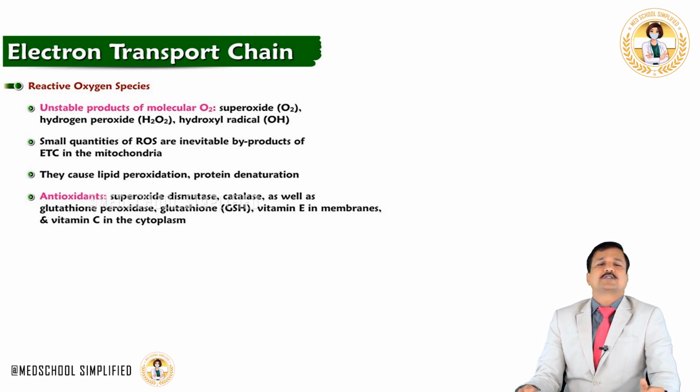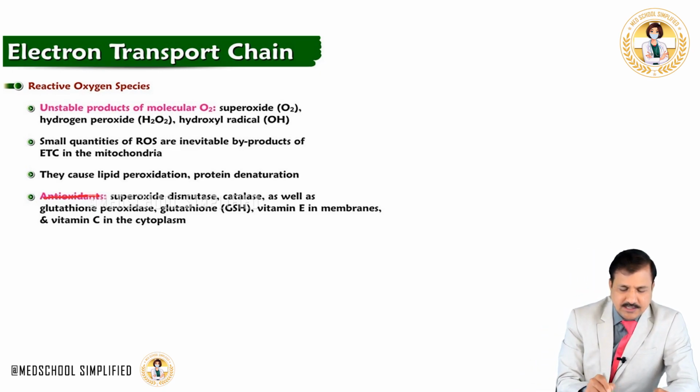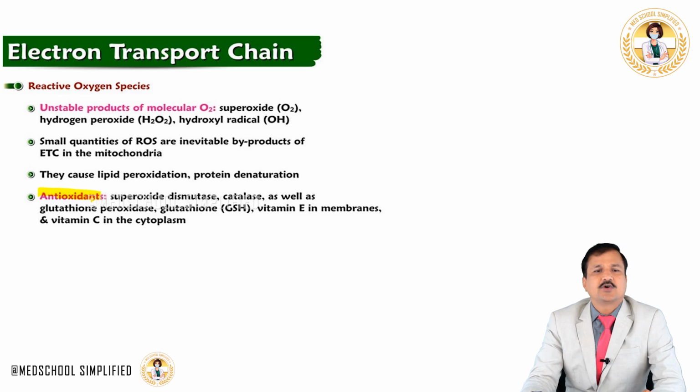So how to neutralize these reactive oxygen species? There are things called antioxidants. These antioxidants are rich in electrons, so they provide the additional extra electron necessary for the reactive oxygen species molecule. What are examples of antioxidants here? Antioxidants in our cells can be superoxide dismutase, catalase, as well as glutathione peroxidase, which neutralizes hydrogen peroxide.